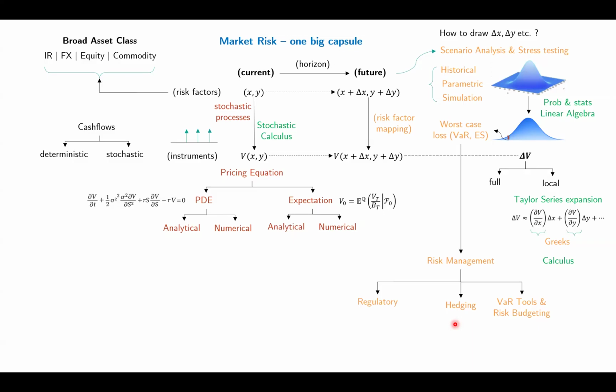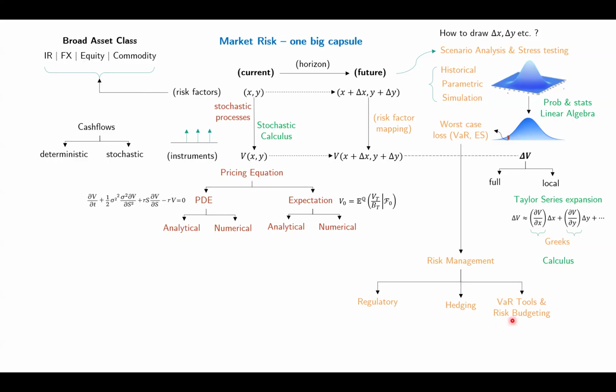It can be duration based hedging, delta hedging, vega hedging, gamma, all these things can come into the picture. So we can do sensitivity based hedging, right? You can think of long and short positions having opposite sensitivities, neutralizing each other. That's hedging. And then we also have VAR tools and risk budgeting, where we learn about various tools such as marginal VAR, component VAR, and how they help in optimal allocation of capital and risk.